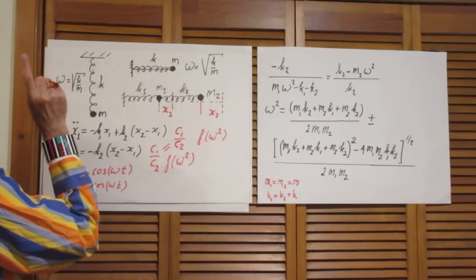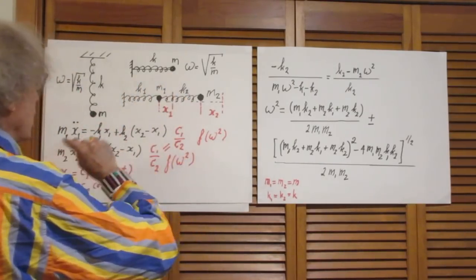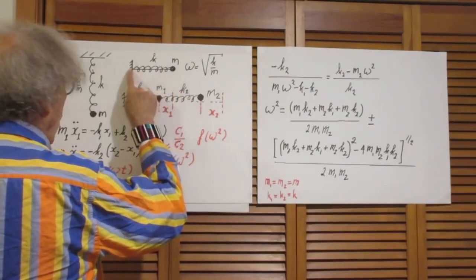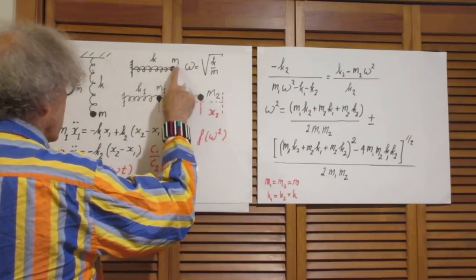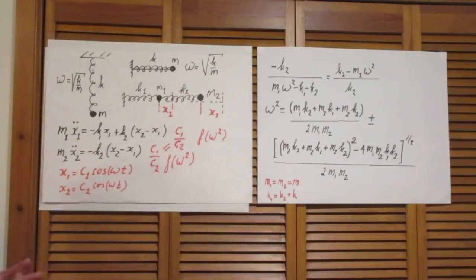In other words, this frequency is identical to putting the spring horizontally on a frictionless surface and letting it oscillate in this direction. Again, omega is the square root of k over m.